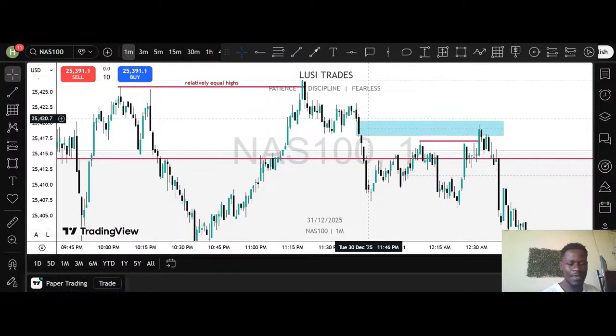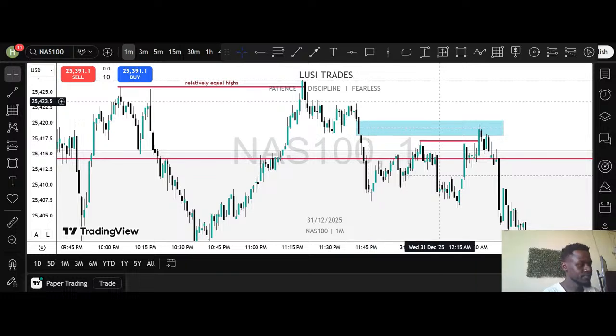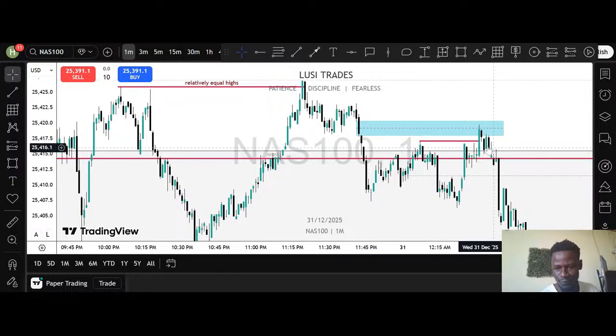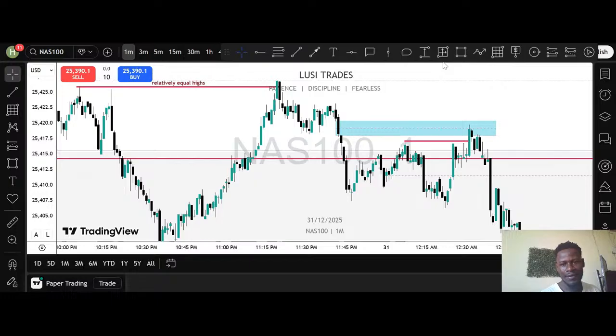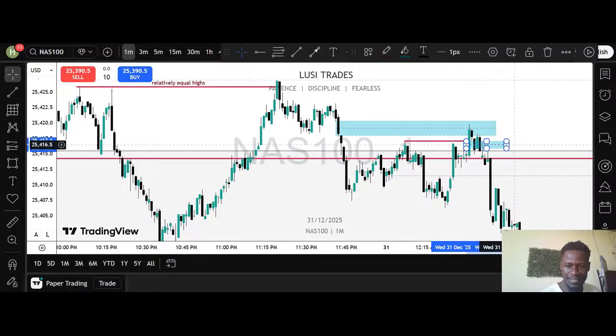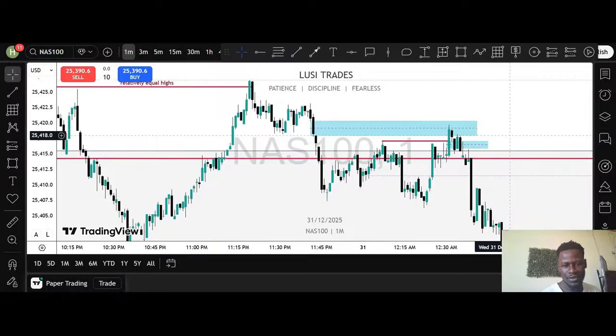Okay, so what happens is that it gives us another IFVG here. As we are taking out liquidity and trading to a major price level, it gives us a fair value gap, and then we trade and close below that fair value gap.